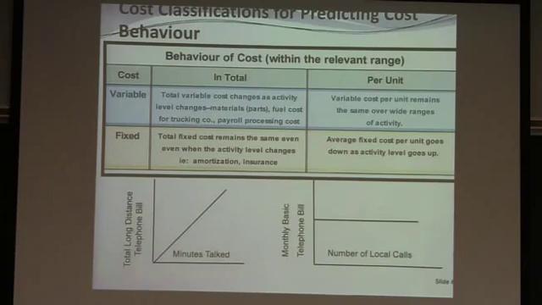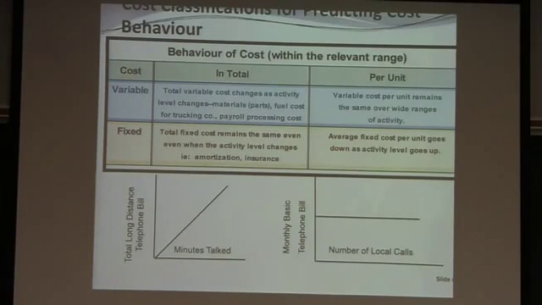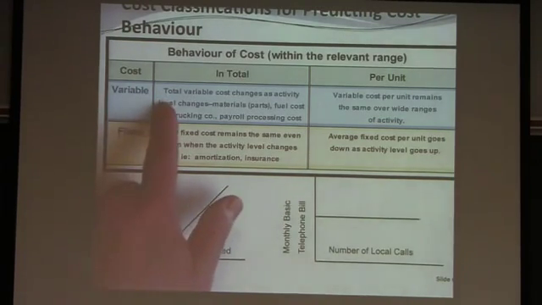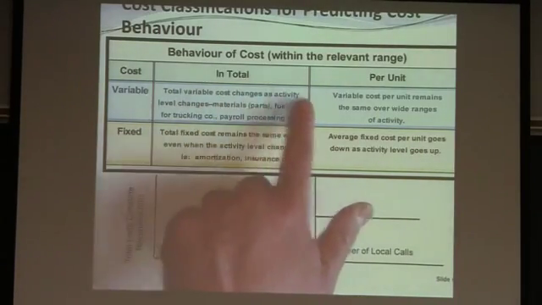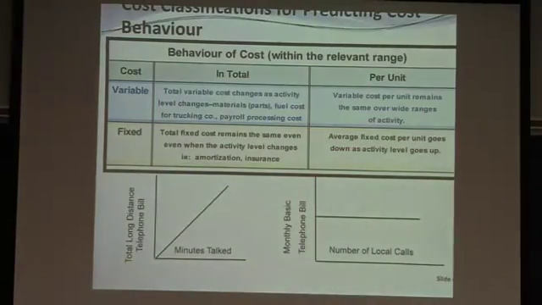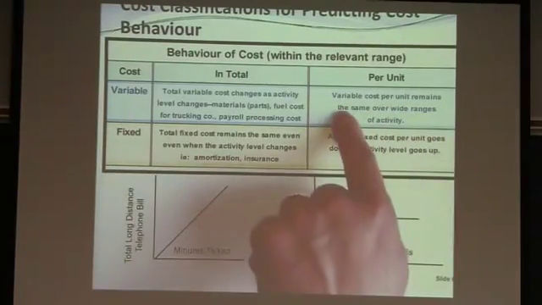But with long distance, if I don't call, I don't have any costs, but as soon as I make multiple long distance calls, I start to incur cost. So total variable cost is going to change as activity level changes. The more I produce, the more variable costs I'm going to incur. But the variable cost per unit remains the same.